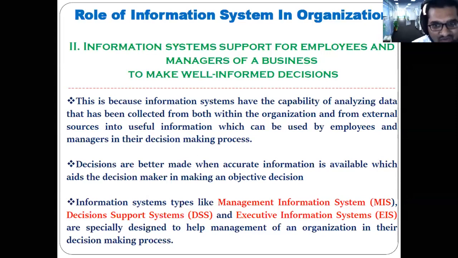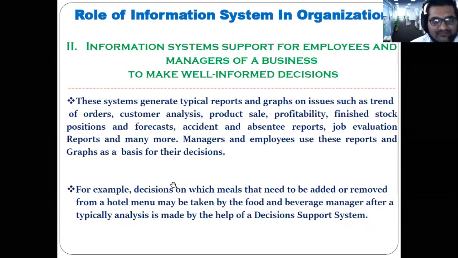We have to see an example of that. Understood? Now, for example, consider the types of information system we have seen: MIS, DSS, and EIS. They are utilized for generating various statistical reports in the form of graphs and charts, which guide the top level and middle level managers. In which way?